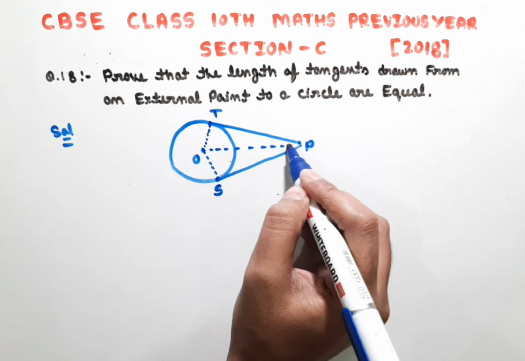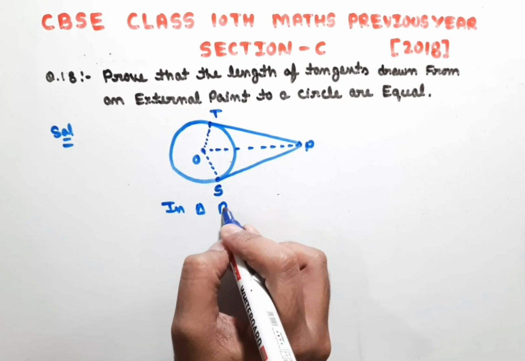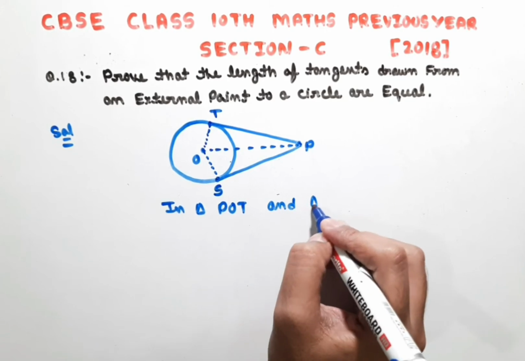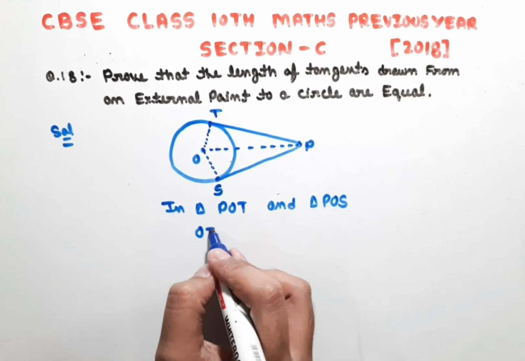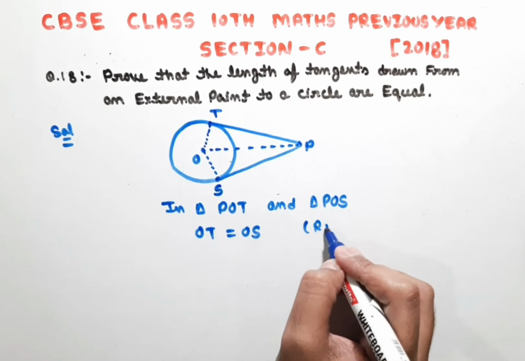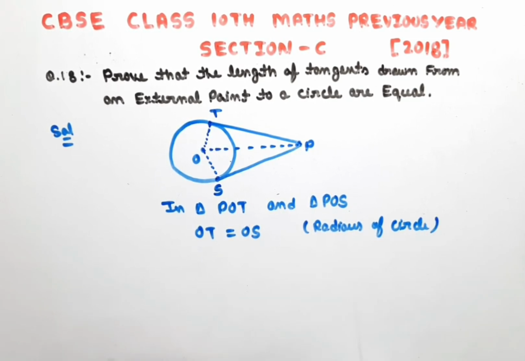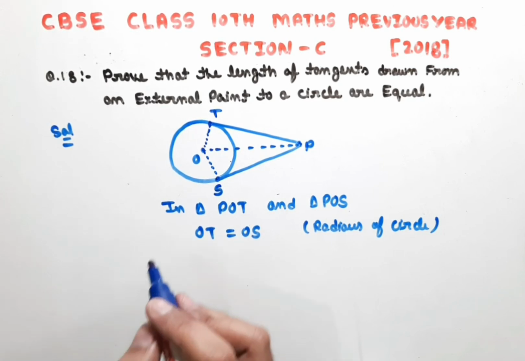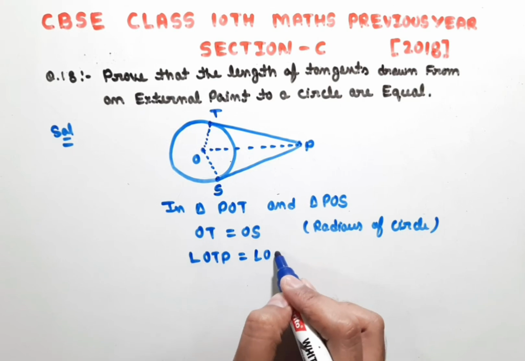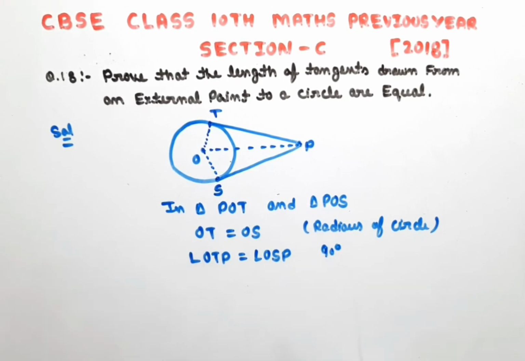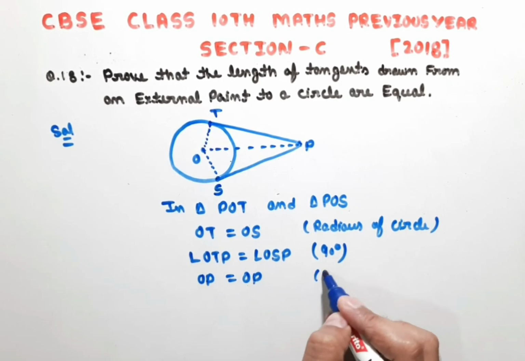and the center with the external point. Now in triangle POT and triangle POS, OT is equal to OS, the radius of the circle, and angle OTP equals angle OSP, that is 90 degrees, and OP equals OP, common side.